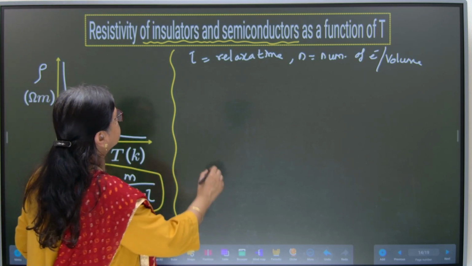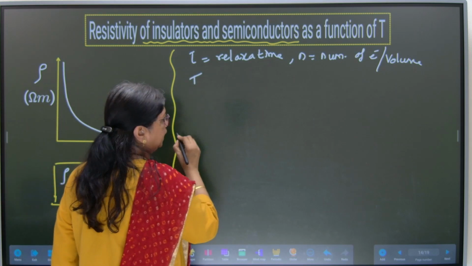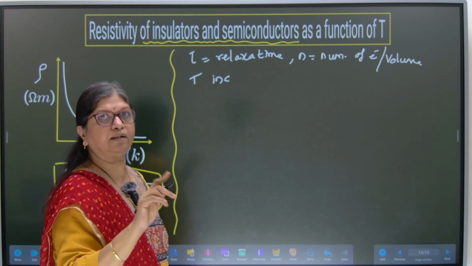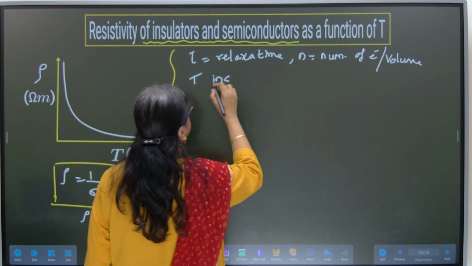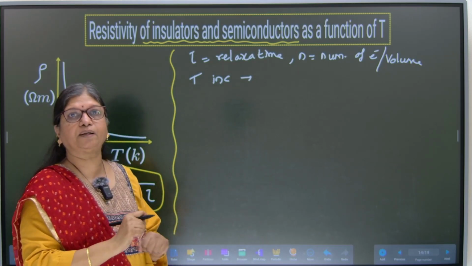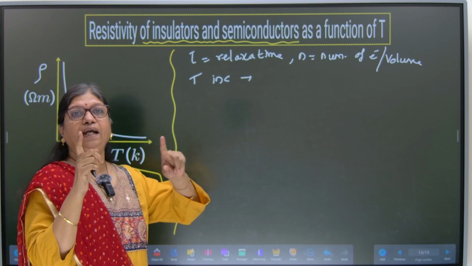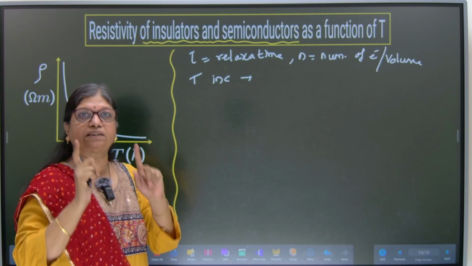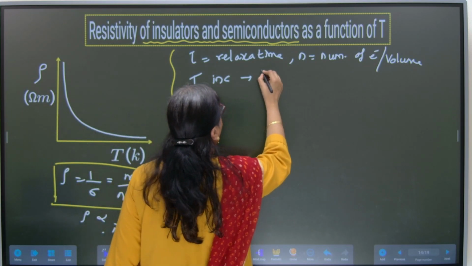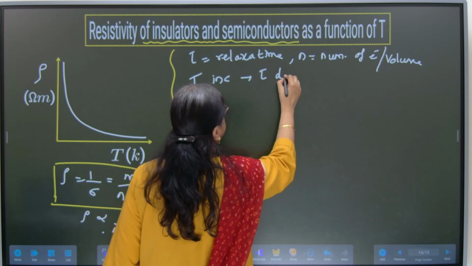So let us increase the temperature of the material, whether it is an insulator or a semiconductor. As you increase the temperature, the electrons will start moving faster, and the time spent between two successive collisions is lesser. Therefore, tau decreases.